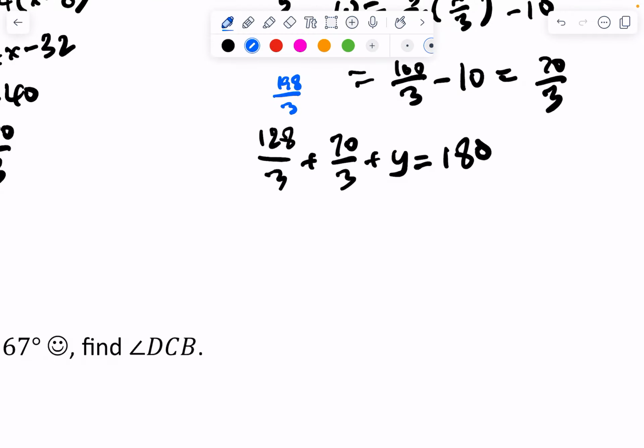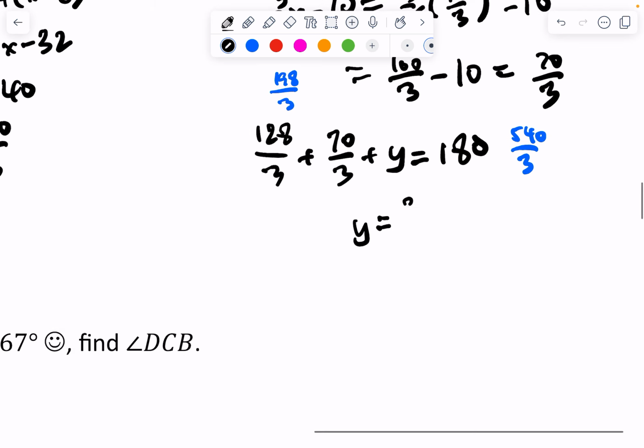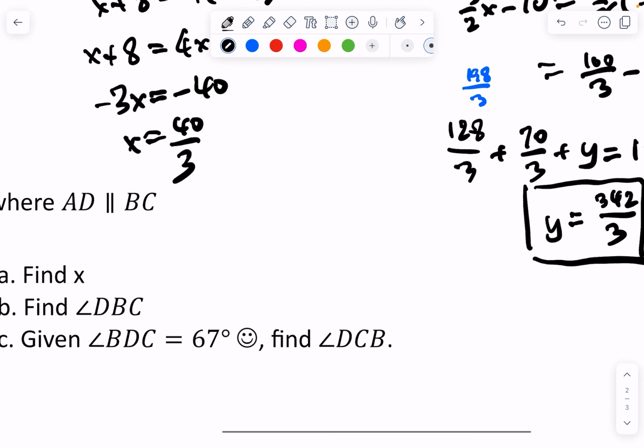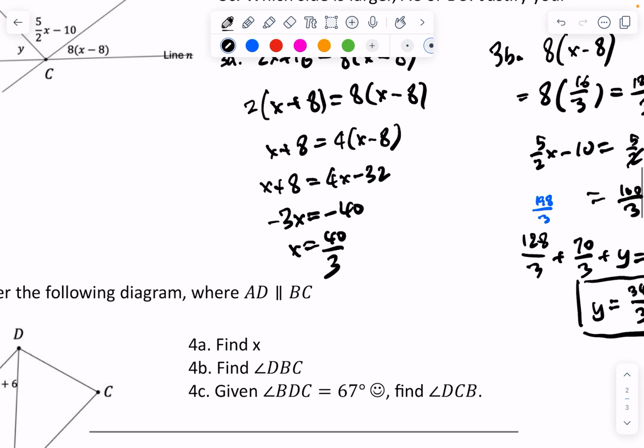And then 180 would be what? 540 over 3. So y would just be equal to 342 over 3. I genuinely thought I picked better numbers than this, but y is equal to that.